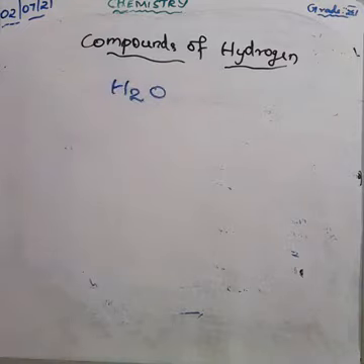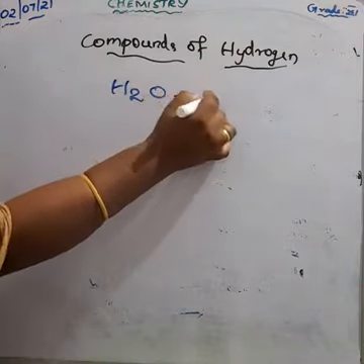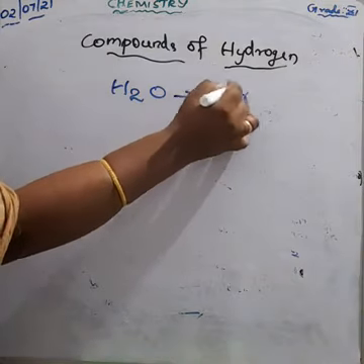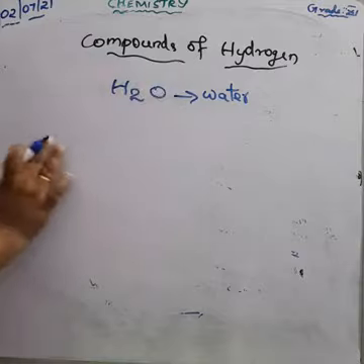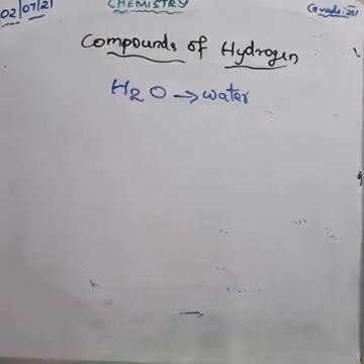Water is a compound of hydrogen, H2O, when two hydrogen atoms and one oxygen atom combine to form water. Everyone knows about water. Water is one of the most abundant and important substances known to man.